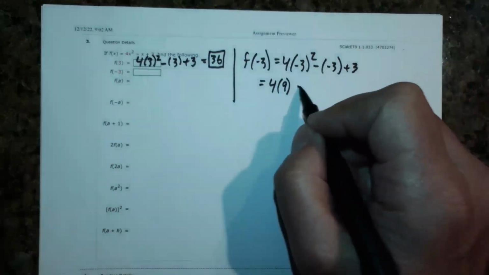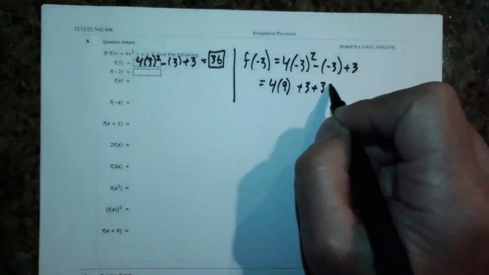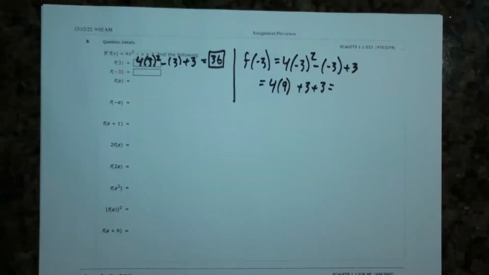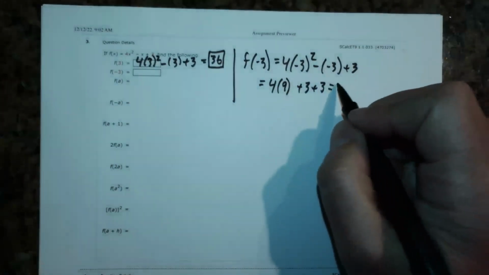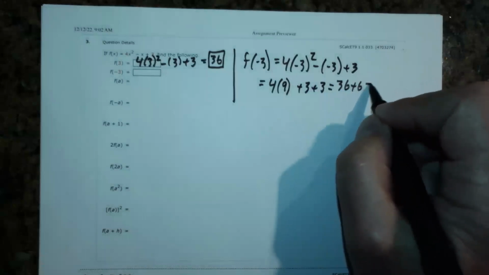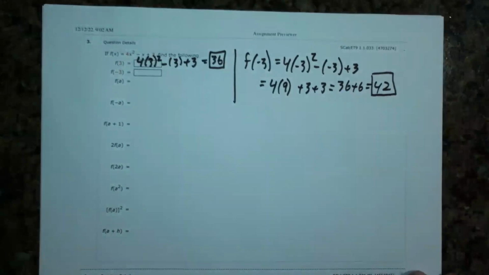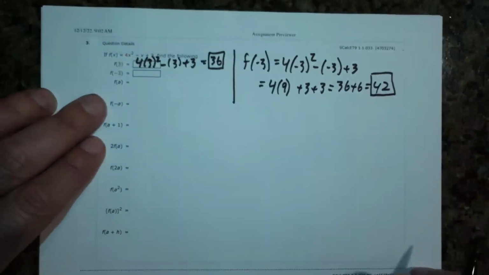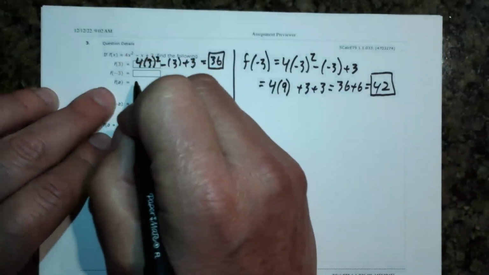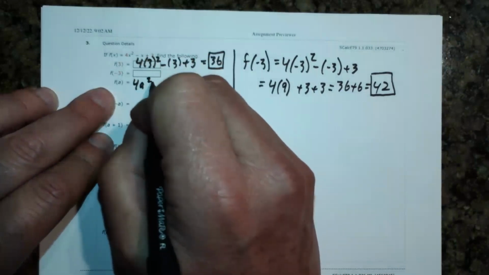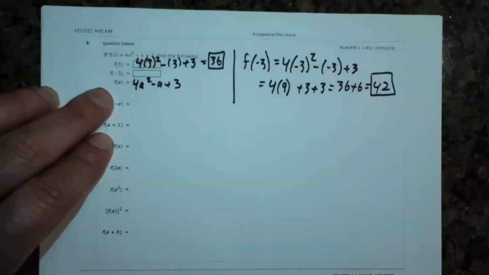This becomes plus 3. And I have 36 plus 6 is 42. f of a, I'm going to come back over here. That's easy. That's just 4a squared minus a plus 3. Done.